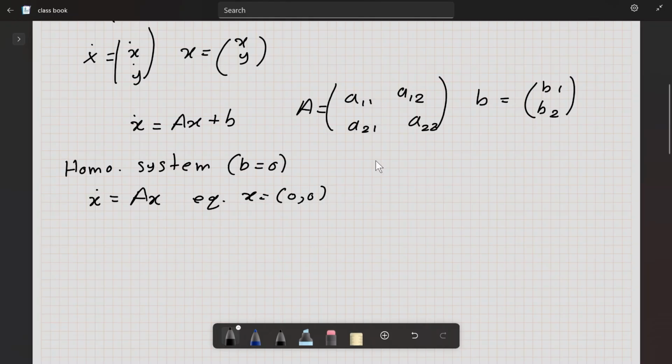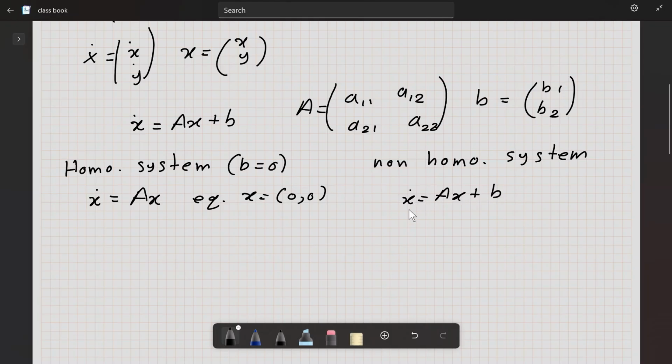The other case is the non-homogeneous system. In that case x dot will be Ax plus b.